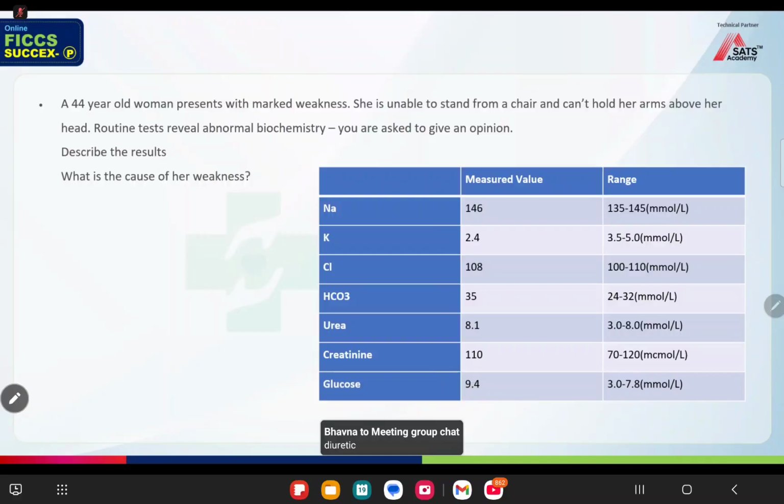Any diuretic group? If sodium and potassium handling is inhibited, there will be loss of a lot of potassium, while sodium will still be reabsorbed. Loop diuretics, yes, and thiazides. Yes. Okay.